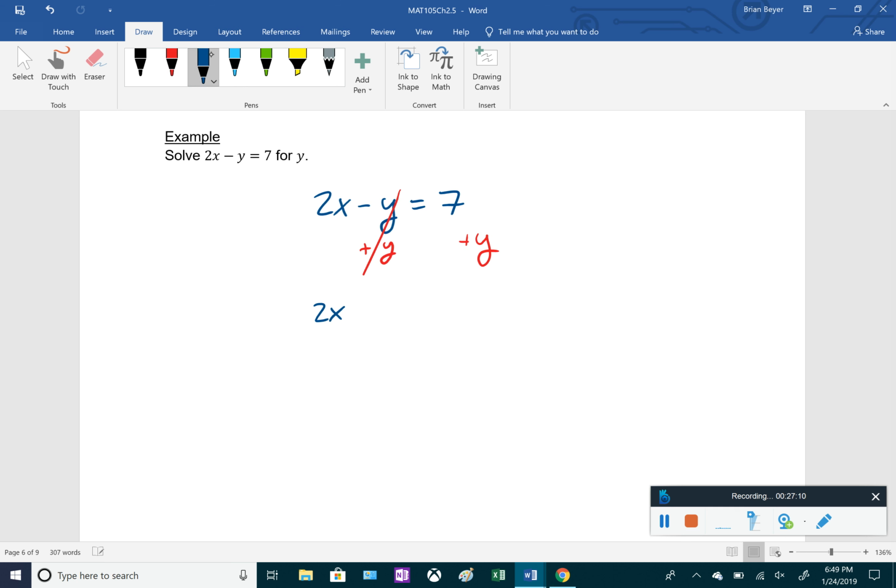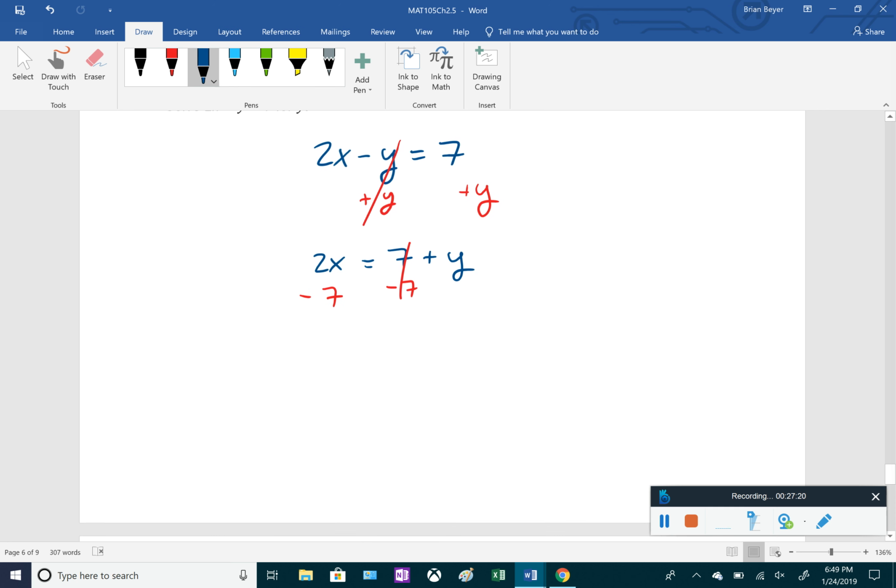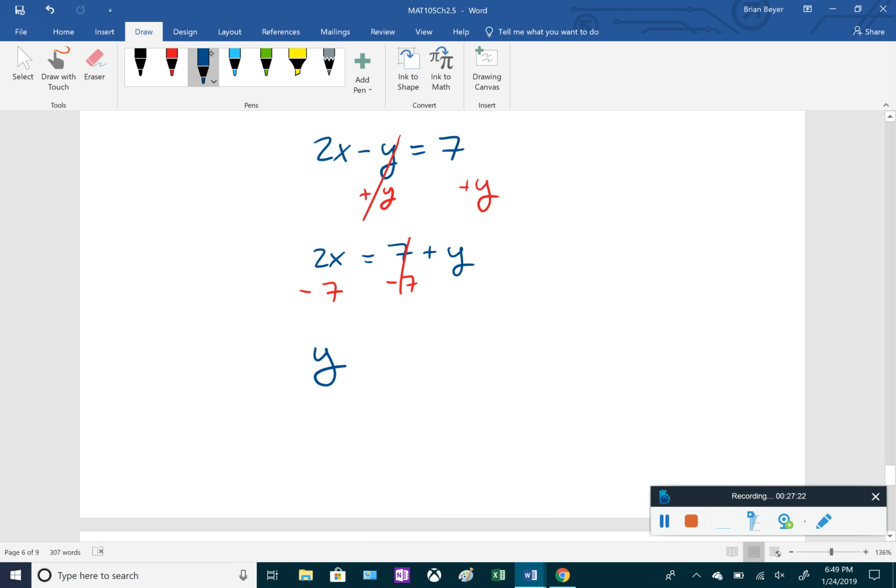So it's going to be 2x equals 7 plus y. Then we have to subtract 7 on both sides to get y by itself. And I'm going to write y on the left, so it's going to be y equals 2x minus 7. So a lot of times there's going to be more than just one way to go about doing this.